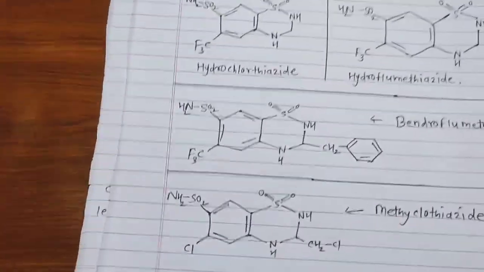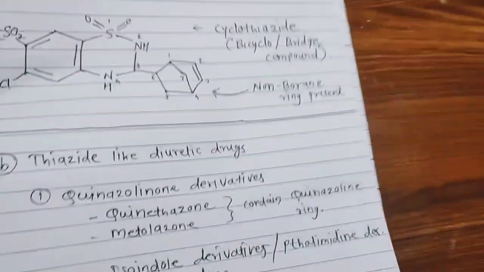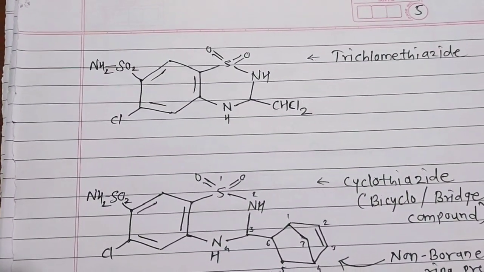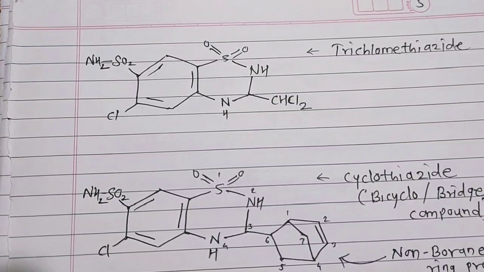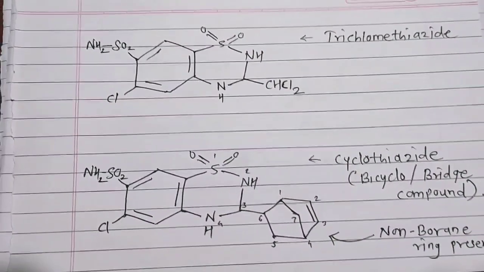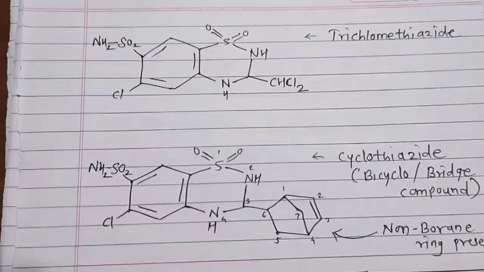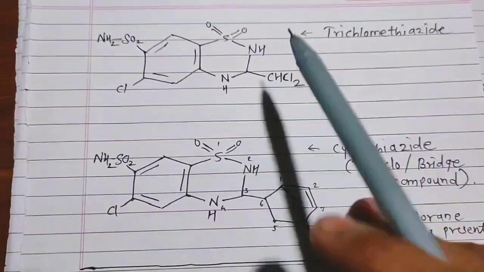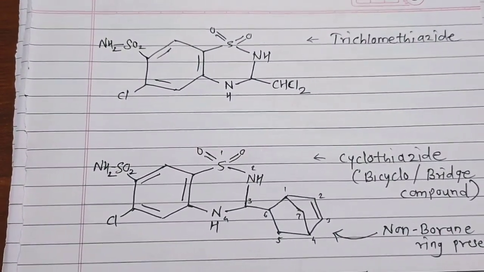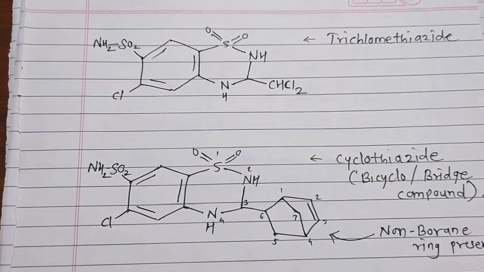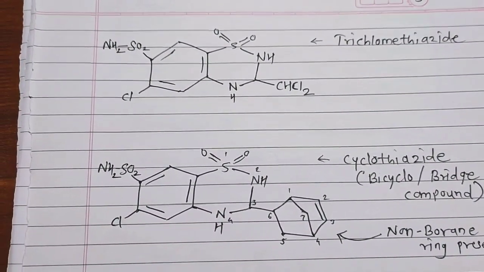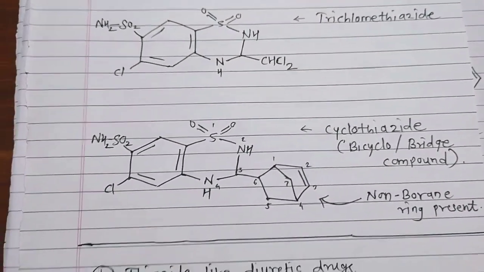Moving on to the next drug, which is trichlormethiazide. In the case of trichlormethiazide, there are 3 chlorine atoms, but these 3 chlorine atoms are not present together. 2 chlorine atoms are present on position number 3, attached to the methyl group, and the other chlorine atom is present obviously on the 6th position, which is required.